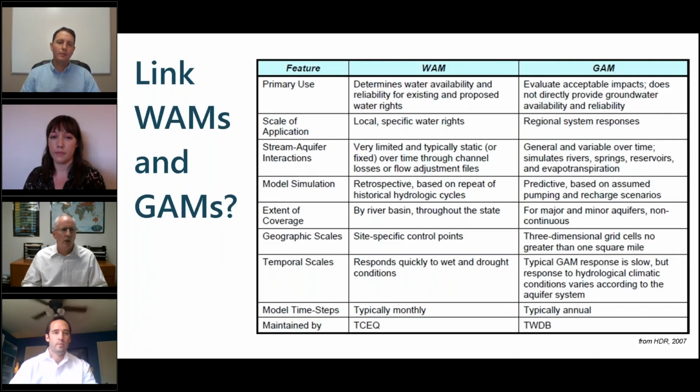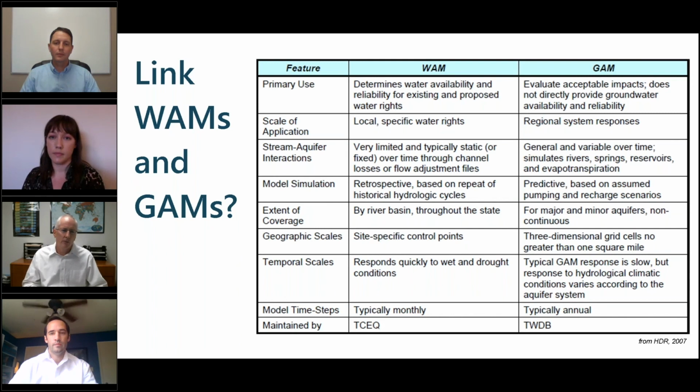Basically, in a nutshell, although they sound similar, WAMs, water availability models, and GAMs, groundwater availability models, should be able to be linked, they are very fundamentally different models. And that report sums up very well why they are very different models. And I think they came to the conclusion that it's going to be difficult to link those.